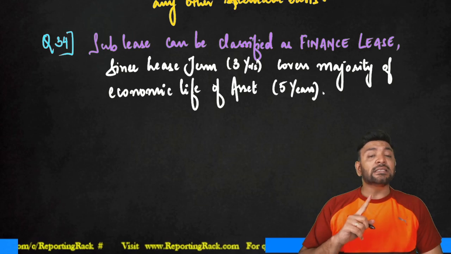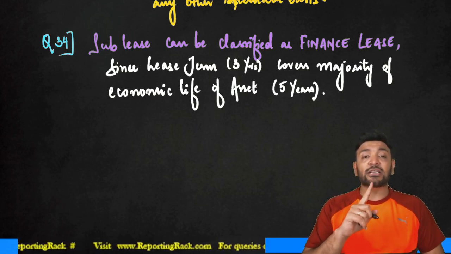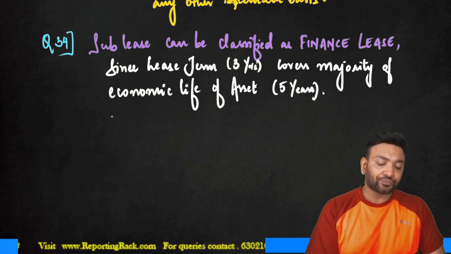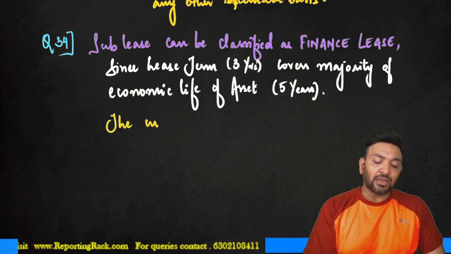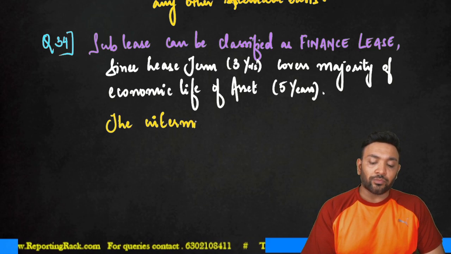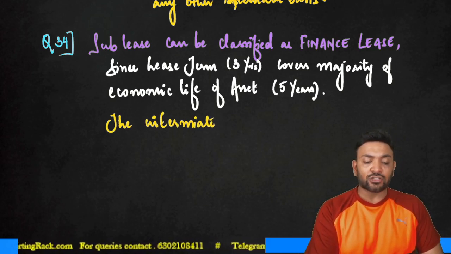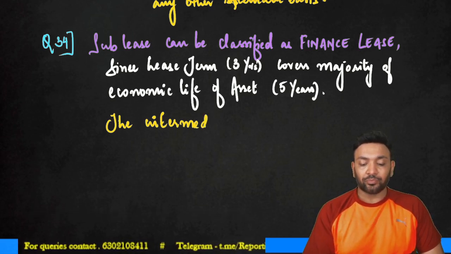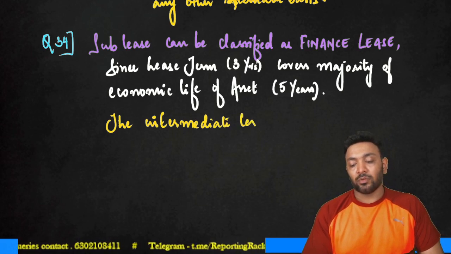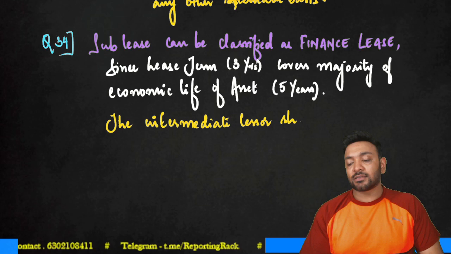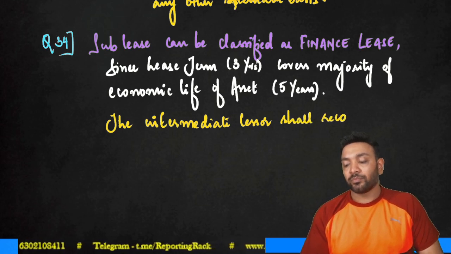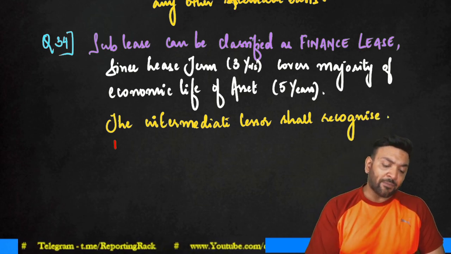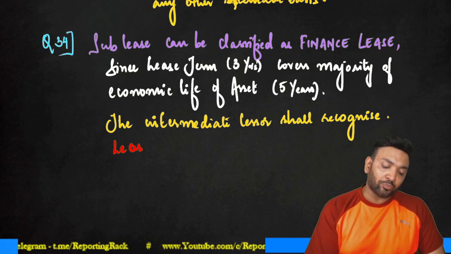If it is an operating lease, then the lease rental should be recognized as income on a straight line basis. But since it is a finance lease, what is the additional treatment? The intermediate lessor shall recognize lease receivable.